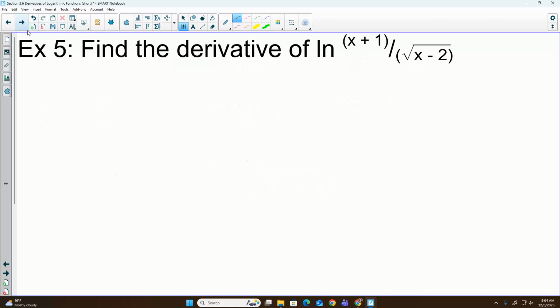And our last example. Alright, so if I asked for this derivative, what would I do first?